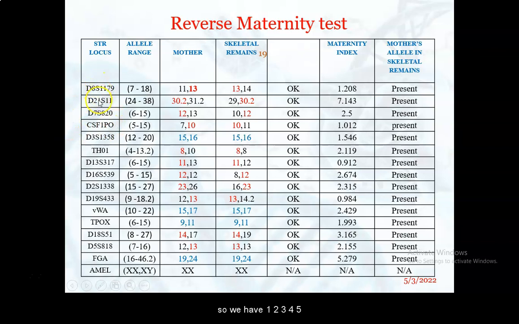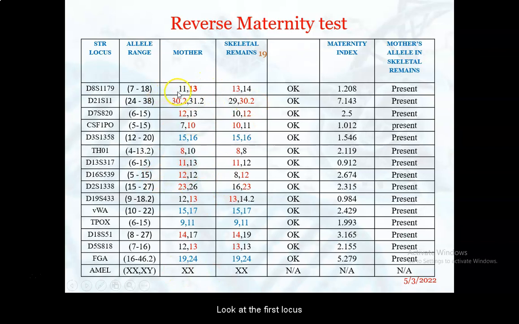So we have 1, 2, 3, 4, 5, 6, 7, 8, 9, 10, 11, 12, 13, 14, 15 different loci, plus the sex determining locus, or what we call the amelogenin, amel for short. That is, it shows whether the sample you are processing is from a male or a female source.